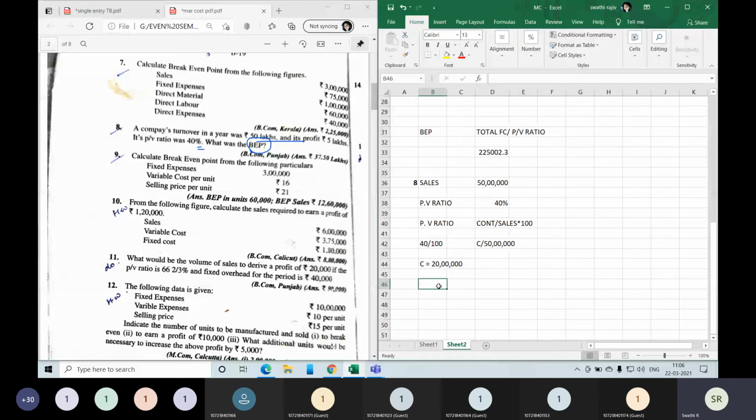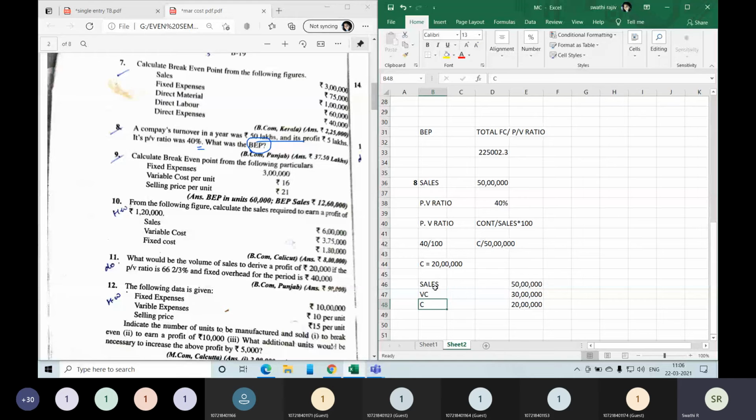Now why did I find out contribution? Now I can use my marginal cost sheet for this. Sales is 50 lakhs. Contribution is 20 lakhs. So now you can find out variable cost also if you want. Do you have any doubt in what I'm doing?